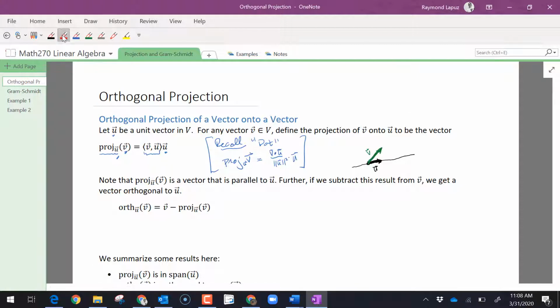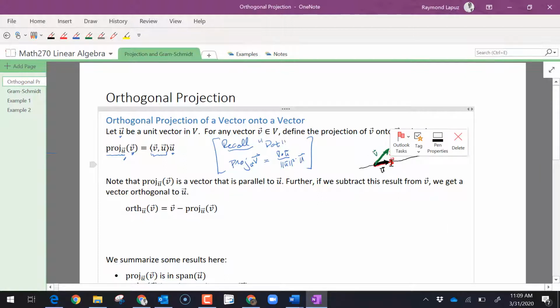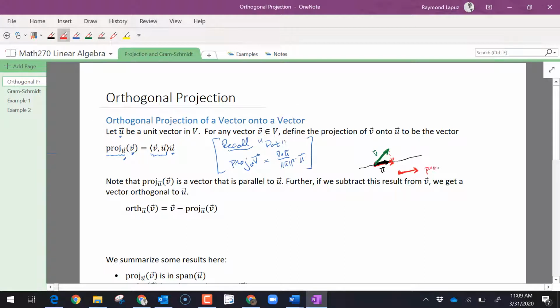And then the projection is going to be an orthogonal or perpendicular projection of v onto that line. And so the vector that we get, this vector in red here, is the orthogonal projection of v onto u. Okay.